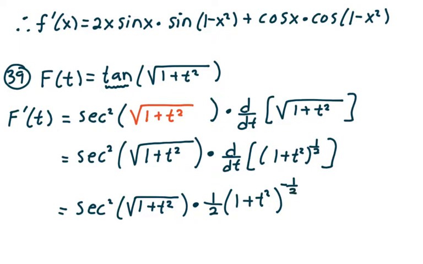So I'm applying the chain rule again, and then I'm going to multiply by the derivative of the inside function. So I'm taking the derivative of 1 plus t squared with respect to t. Now, the derivative of 1 plus t squared with respect to t is 2t.